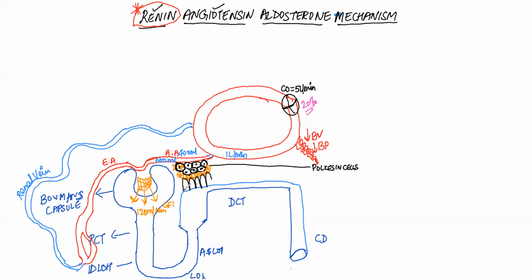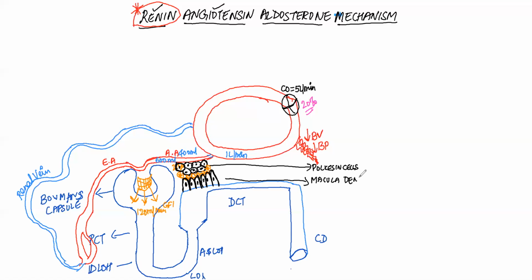So when these cells were first looked under a microscope, and when the histology of a nephron was first studied, they looked like tall dark dense patches under the microscope, and hence they were referred to as macula densa.